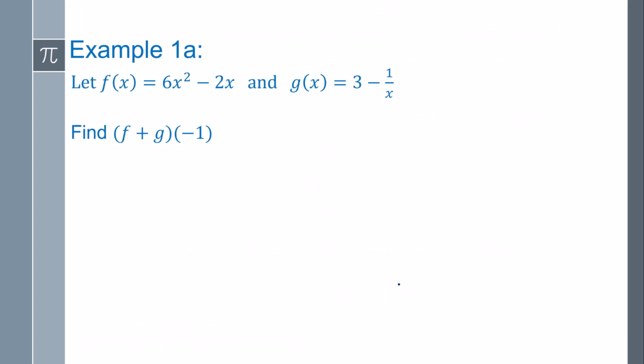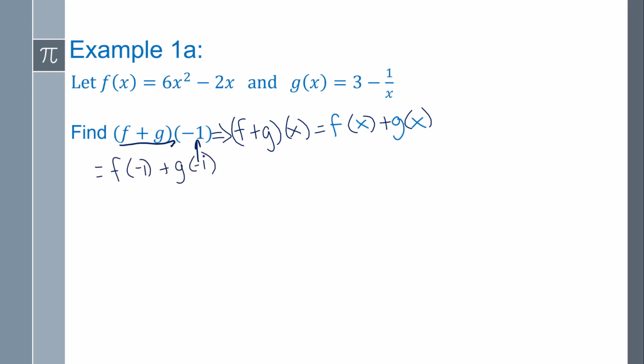So with these two functions here, f of x equaling 6x squared minus 2x and g of x equaling 3 minus 1 over x, let's find f plus g, and then input -1 into my function. The first thing, I'm adding my two functions together, so I want to do that first. I want to add my f function to my g function, and instead of it being x, I'm going to be using -1.